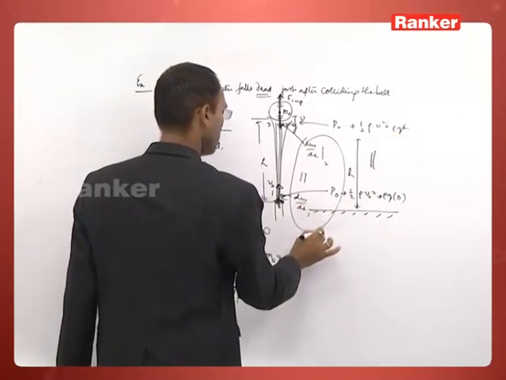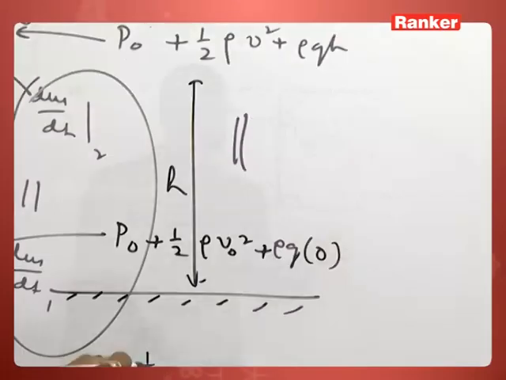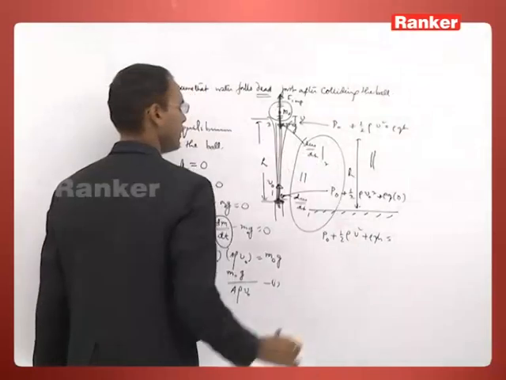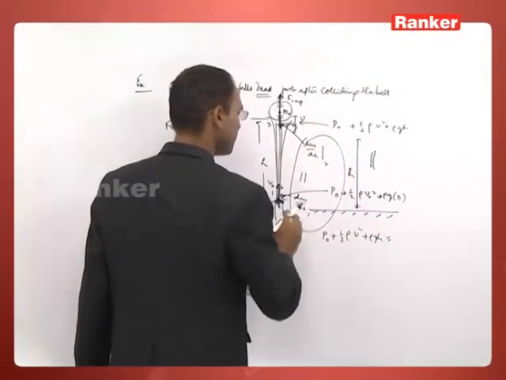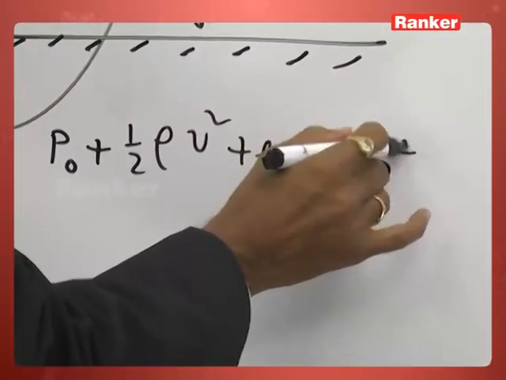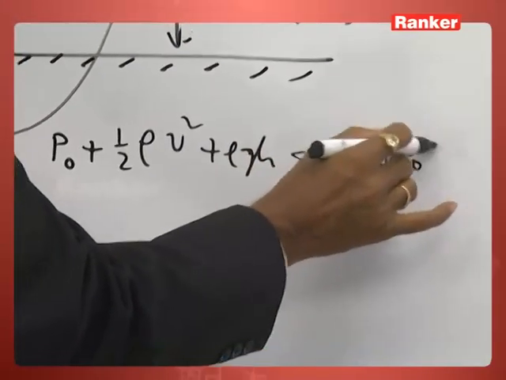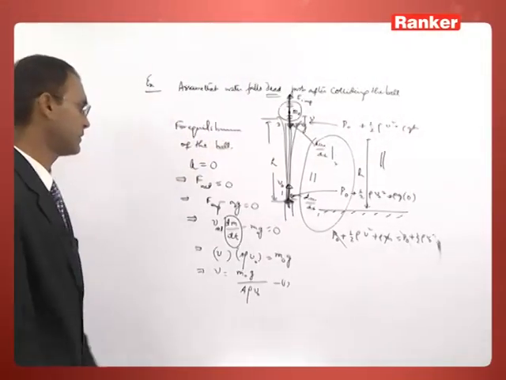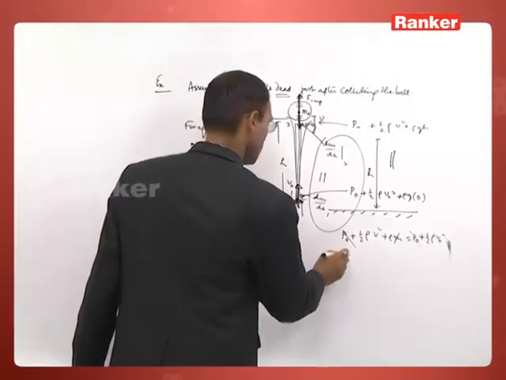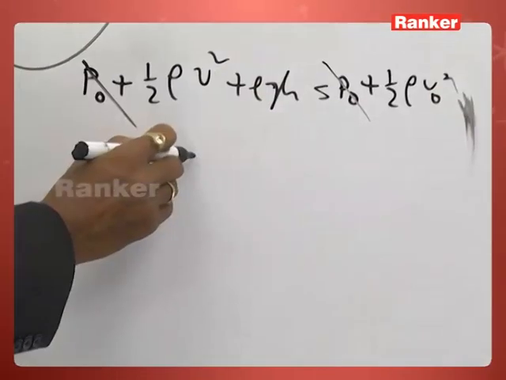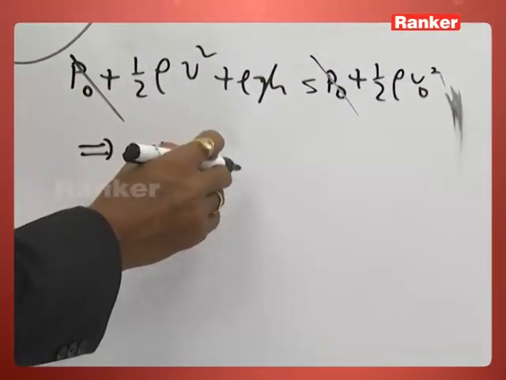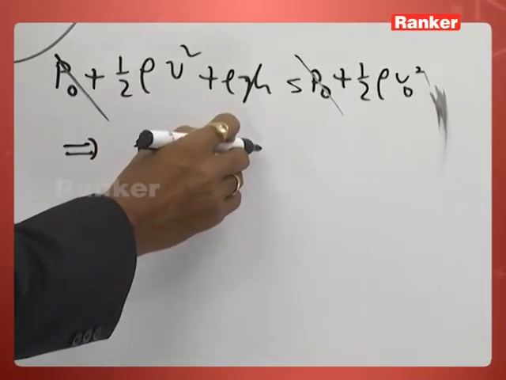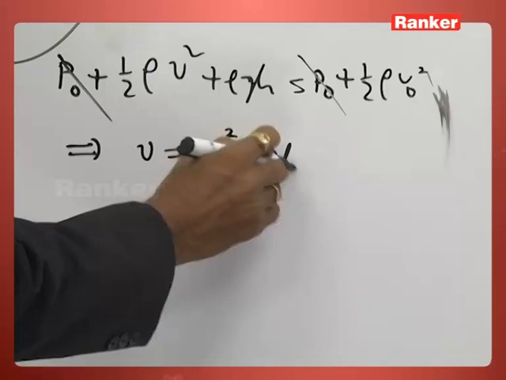While doing so, this factor gets cancelled from both the sides. P naught and P naught will get cancelled. Therefore, V can be written as the square root of v naught square minus 2gh.